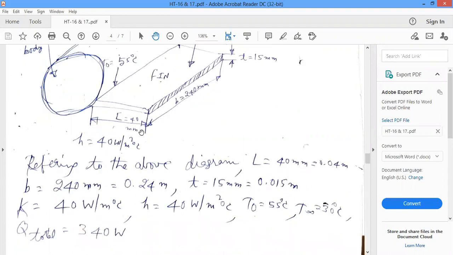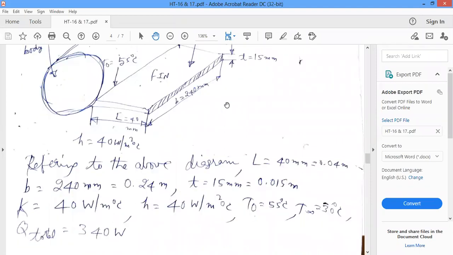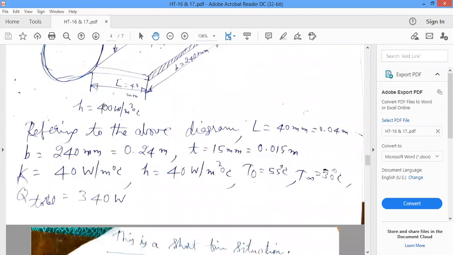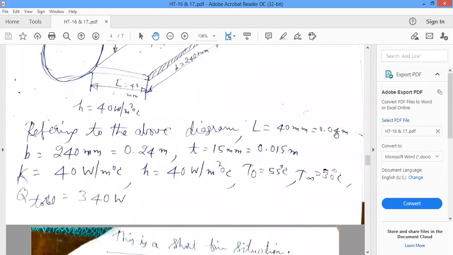Length is 40 mm, width B is 240 mm, and T is 15 mm. Cross sectional area is B into T, 240 mm into 15 mm. Perimeter is 2 into (B plus T). Referring to this diagram, the length of the fin can be taken as 40 mm, that is 0.04 meters. Width of the fin 240 mm, that is 0.24 meters.